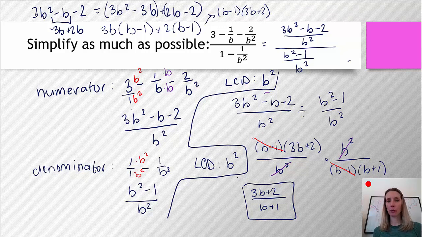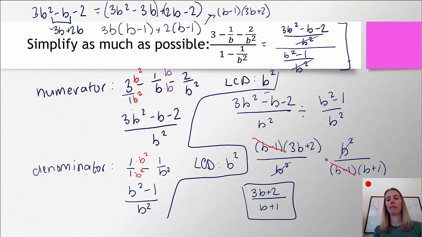Now, there was a shortcut I could have taken to make my life a little bit easier, but I didn't do it. I wanted to go through it like this first. But when we get right here, do you see how the denominators match? If the denominators match completely, they're the exact same factor, you can actually divide them there, and the numerator of the numerator will become the numerator over the numerator of the denominator.